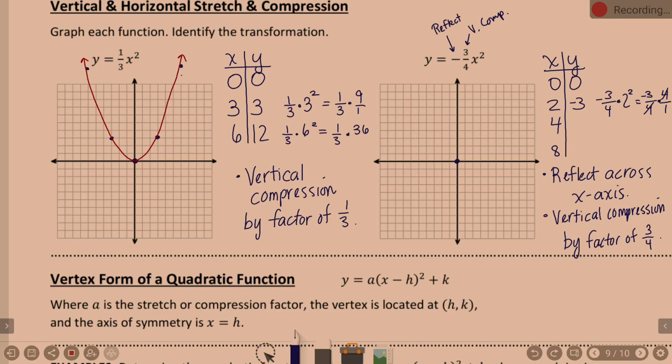Okay, let's put in 4. Negative 3/4 times 4 squared. 4 squared is 16. So negative 3/4 times 16. Again, I don't know how many of you like to cross cancel.